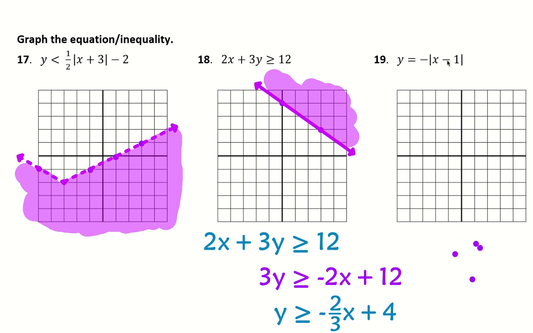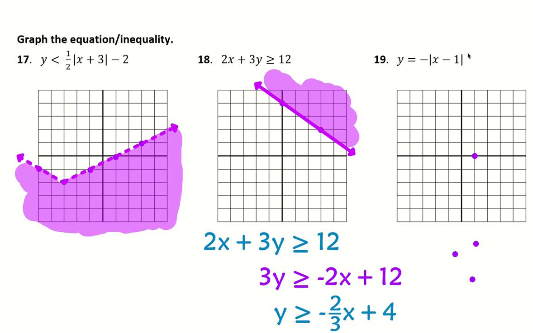And we have this minus 1 that's going to make a change, and we have a -1 way out in front. So the original vertex, the default, would be here, but this -1 moves it where? To the right one space.